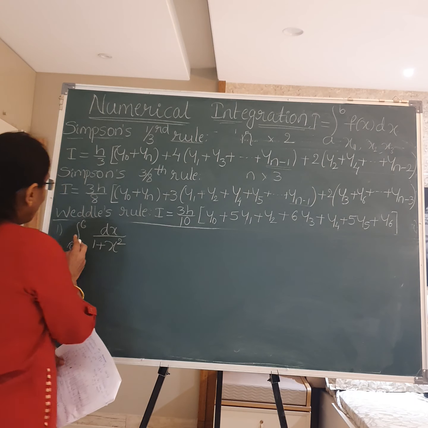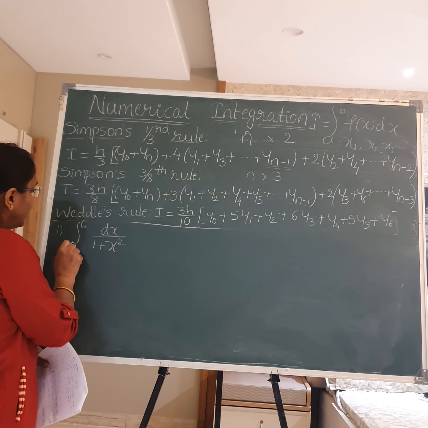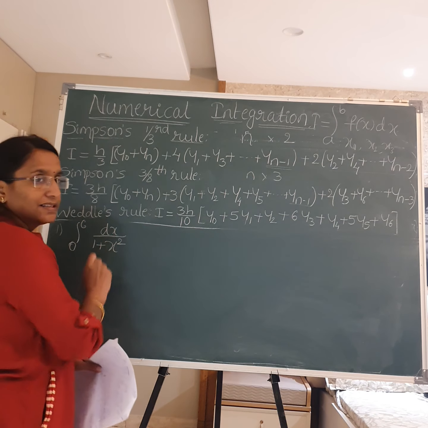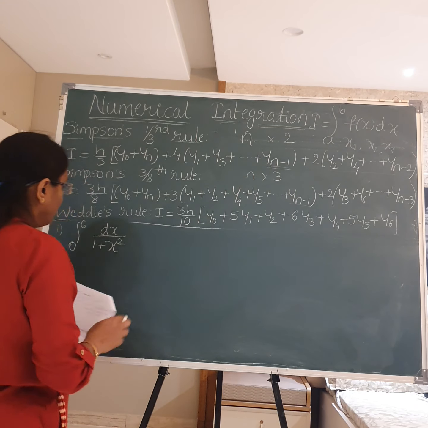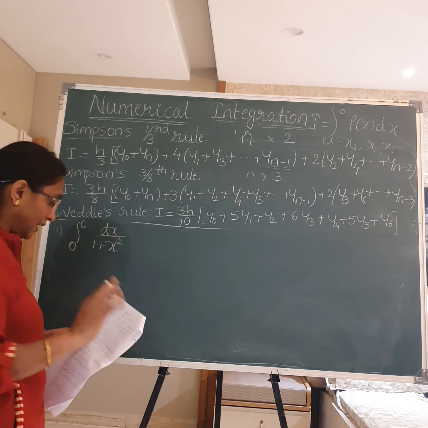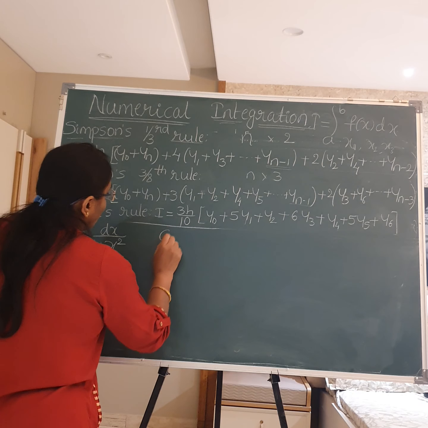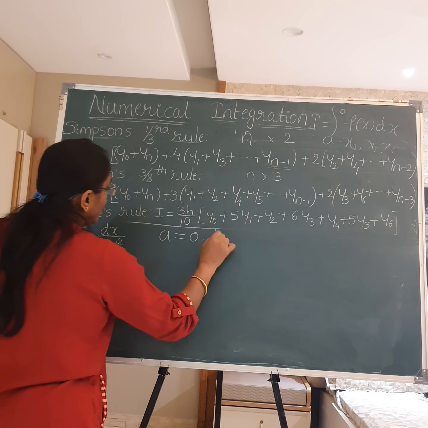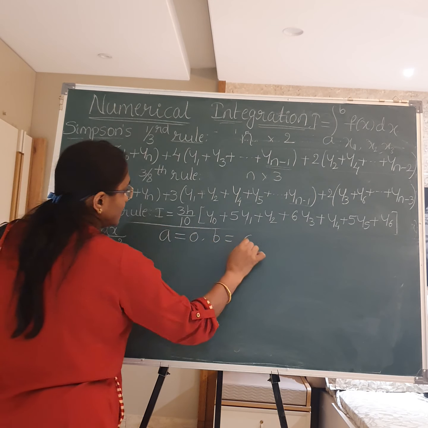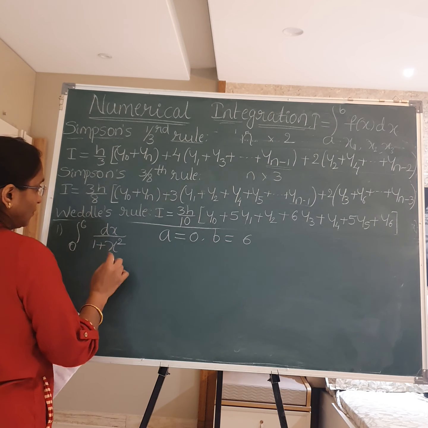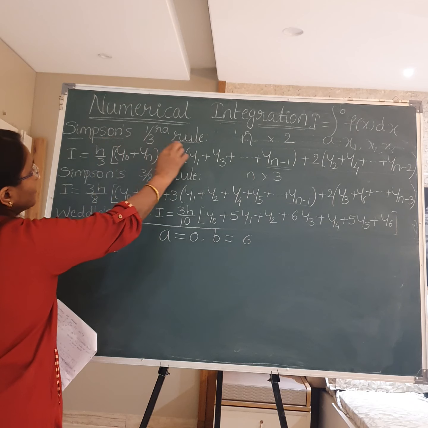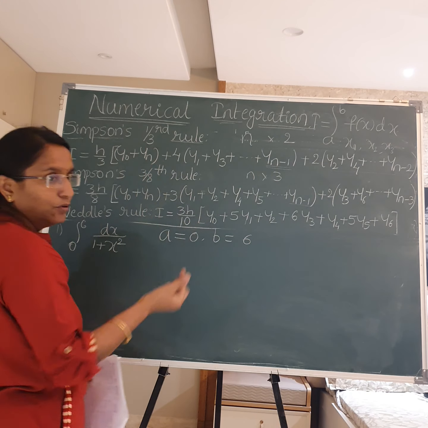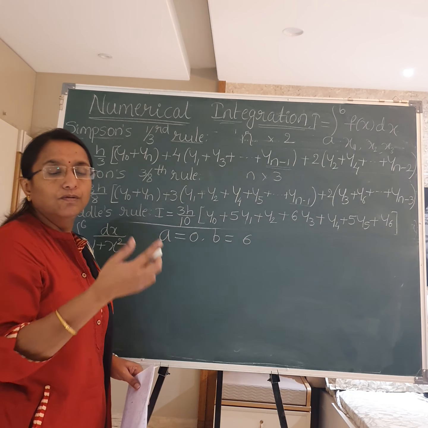So what we need to find out is the integral from 0 to 6 of dx by 1 plus x squared. First we have to construct the table. Before that, a is the lower limit, b is the upper limit, 6. For Simpson's 1/3 rule, n should be a multiple of 2, so we can take 2, 4, 6.